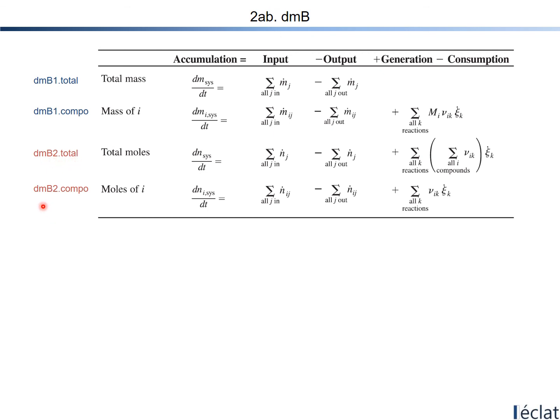And the last one is differential mole balance equations for each component. Okay, we have 4 equations there, and you don't need to try to memorize them. The most important thing is accumulation is equal to input minus output plus generation minus consumption term.